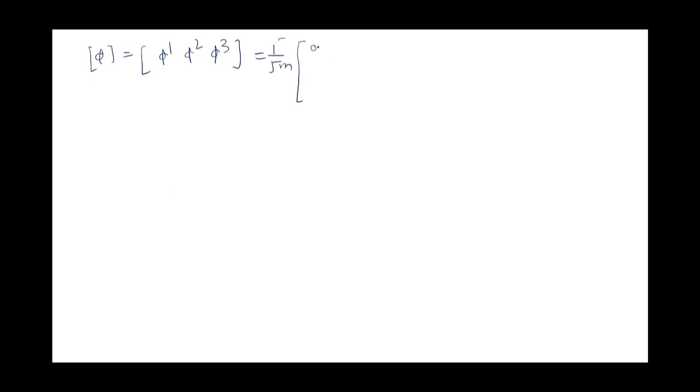This is 0.3280, 0.5911, 0.7370, 0.7370, 0.3280, minus 0.5911, 0.5911, minus 0.7370, and this is 0.3280. So this is our modal matrix phi.